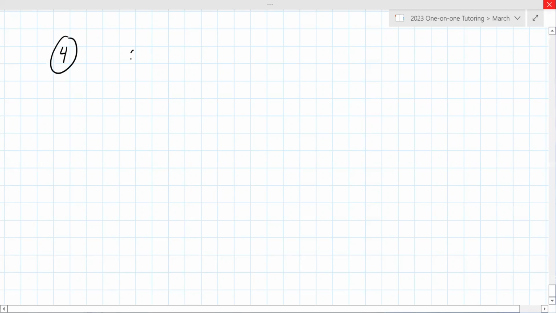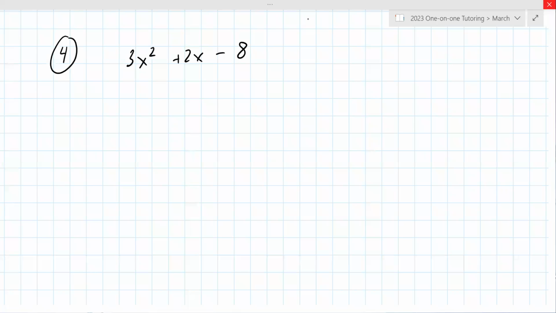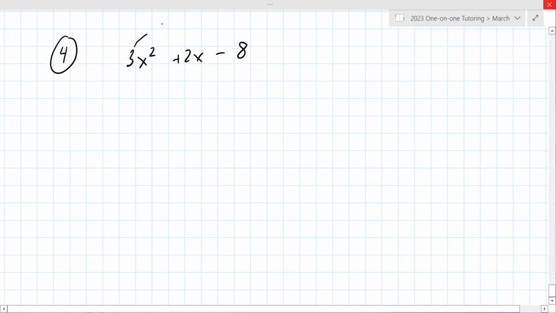Okay. So number 4 from Monday is 3x squared plus 2x minus 8. What you tried to do here is use an approach that feels like it should work, but it doesn't. You actually have to multiply 3 times minus 8, which is minus 24.